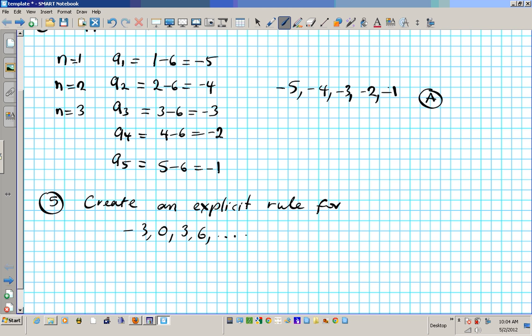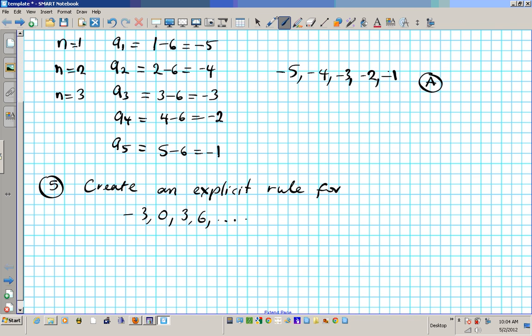When you're creating an explicit rule, you're looking for the rule for the nth term, so you're going to be making use of the formula a sub n equals a1 plus n minus 1 times the common difference d.